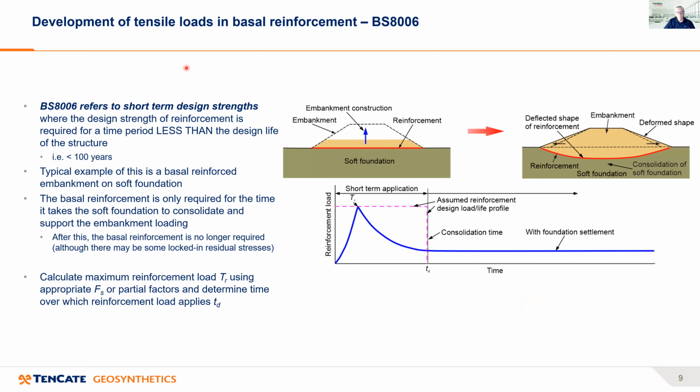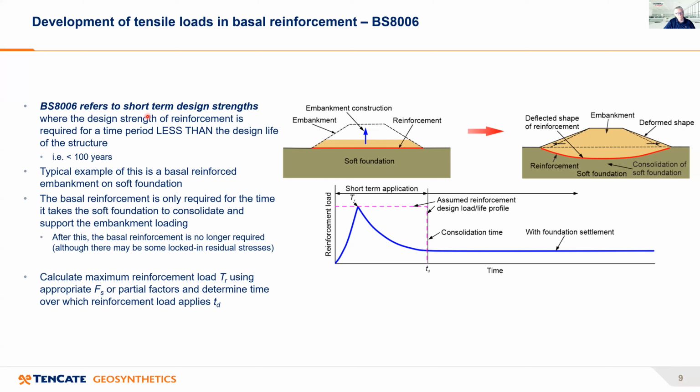Let's look at the development of tensile loads in the reinforcement of a basal reinforced embankment on a soft foundation. For this, I'm going to take from the BS 8006 document. Now, BS 8006 normally refers to this type of application as a short-term design strength problem.